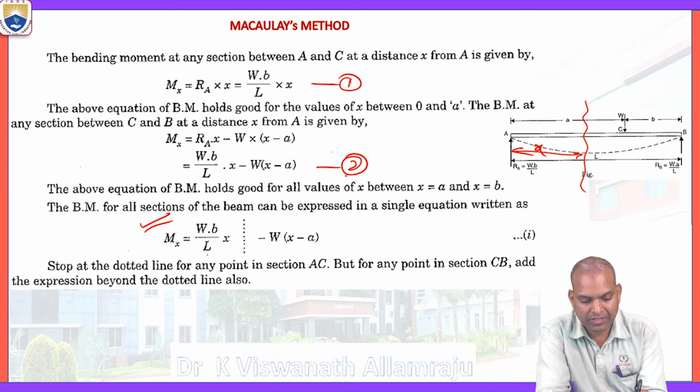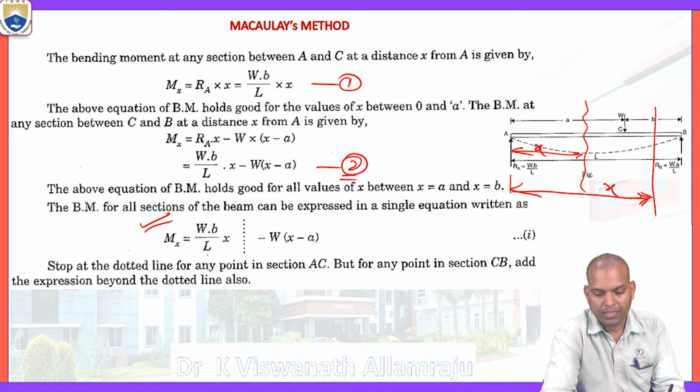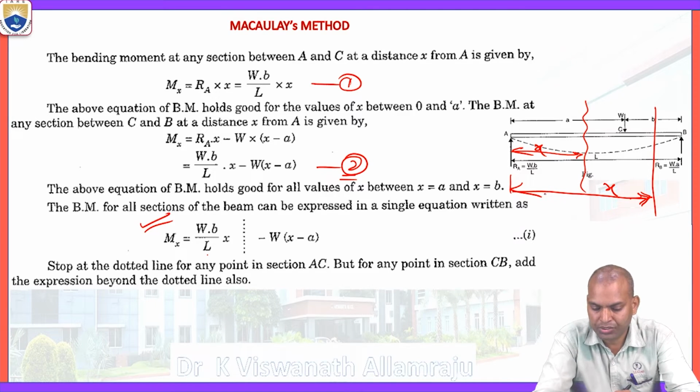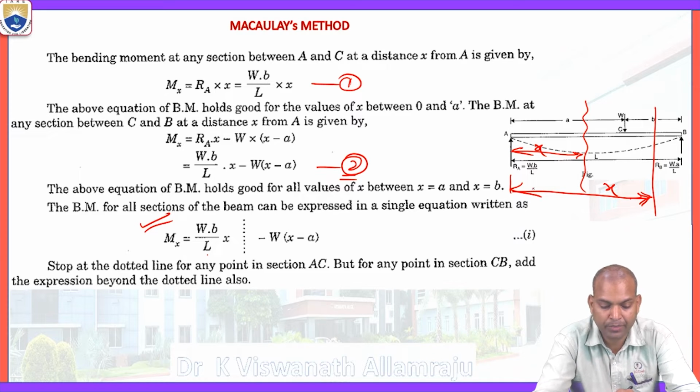Then the second equation, how we made it? Now x is shifted to between C and B. Now this equation involves the variation of the bending moment throughout the span of the beam.